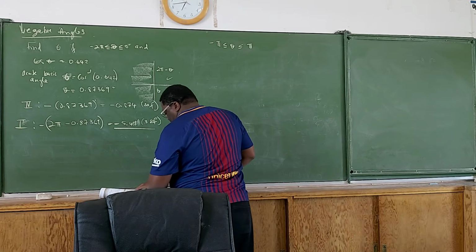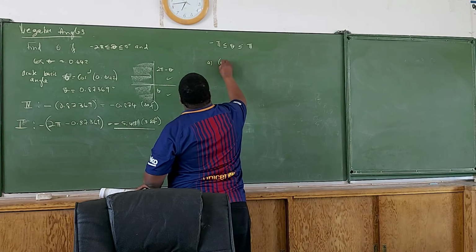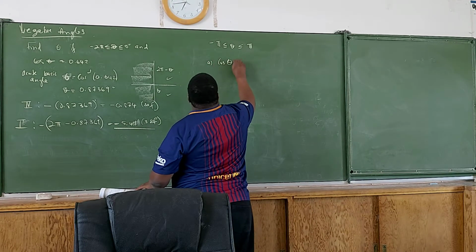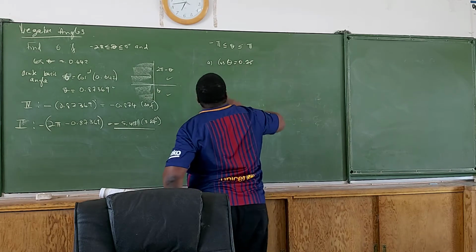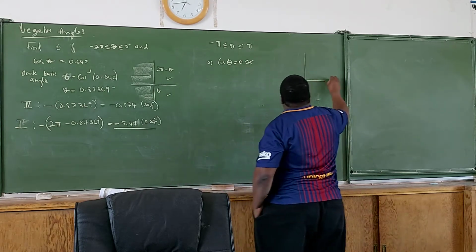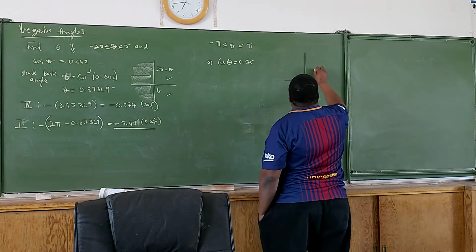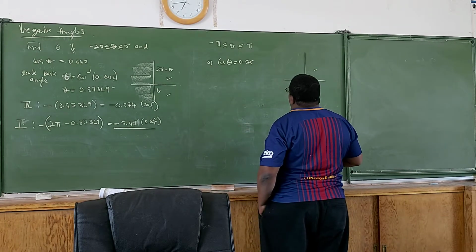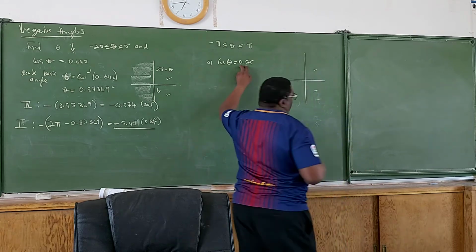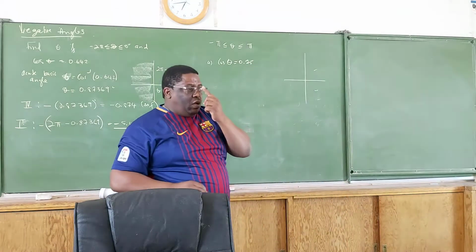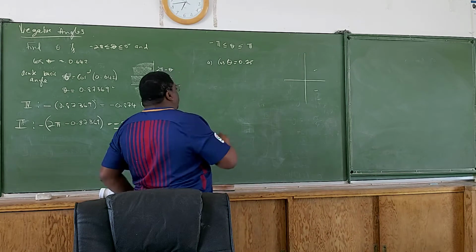And we are given as the first one cos theta equals 0.75. So you know that cosine is positive in the first and in the fourth quadrant. So if I take the positive angle, let me first find my key angle.